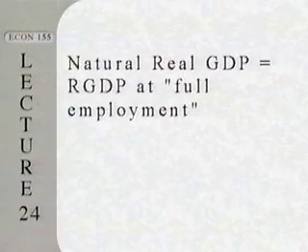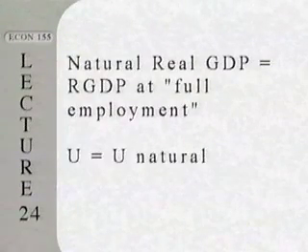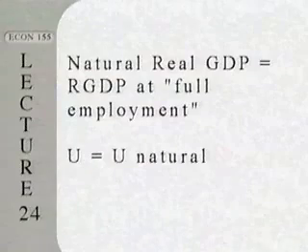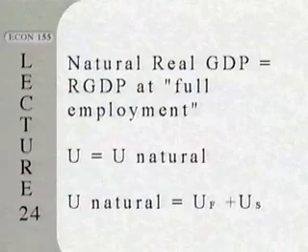And full employment means the unemployment rate is equal to the natural rate of unemployment, which is, if you remember, the frictional rate plus the structural unemployment rate, no cyclical unemployment or macroeconomic unemployment.